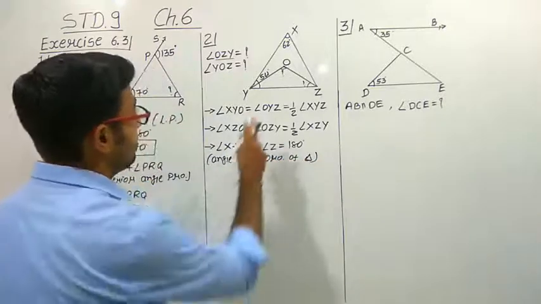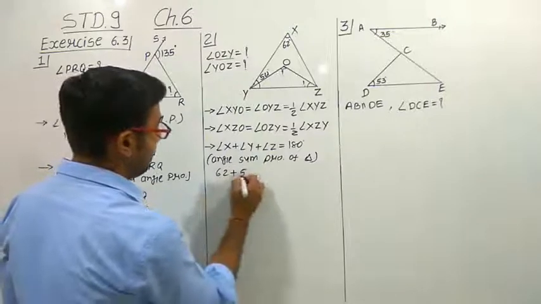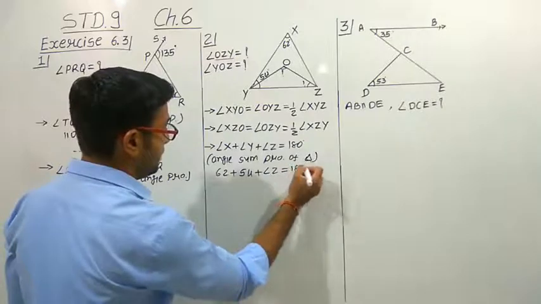Right. Now put down all these values. Angle X is 62, angle Y is 54, and angle Z we have to find out, and the total is equal to 180 degrees.